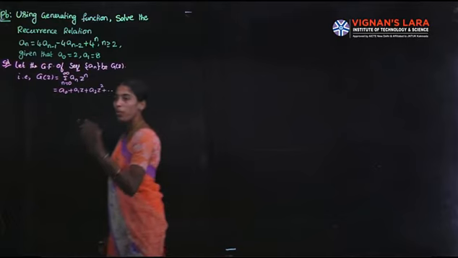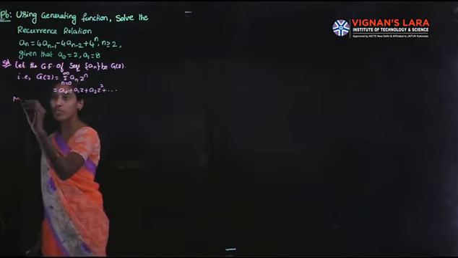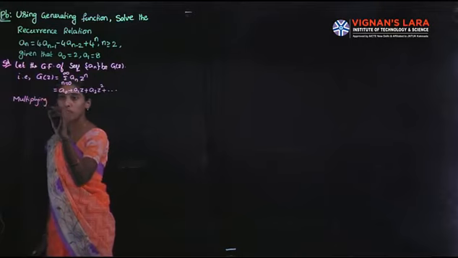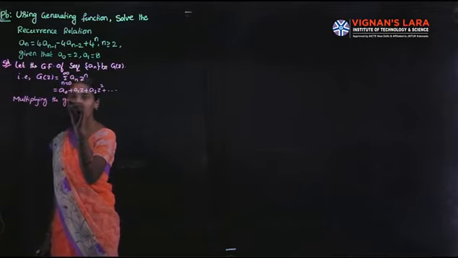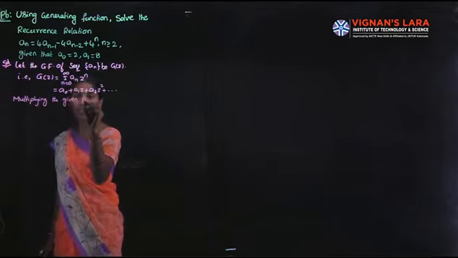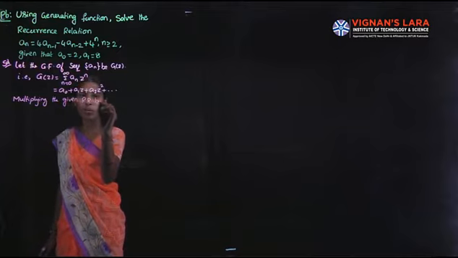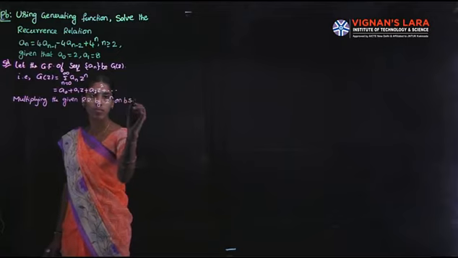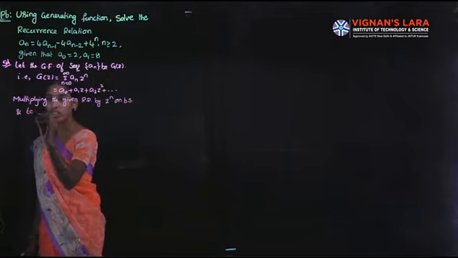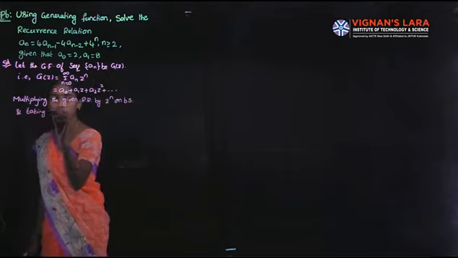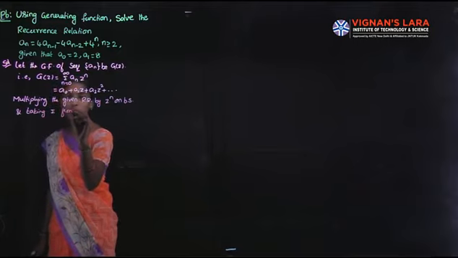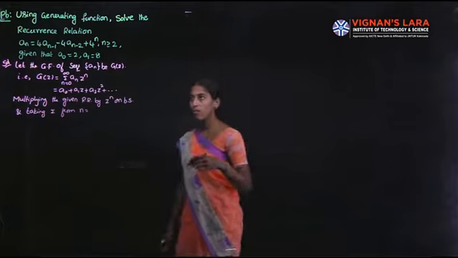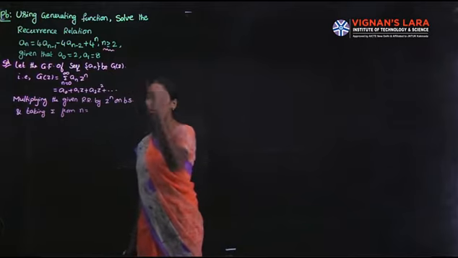Now, multiplying the given recurrence relation by z to the power n on both sides and taking sigma from n equal to, always the starting value of n depends on the given problem.